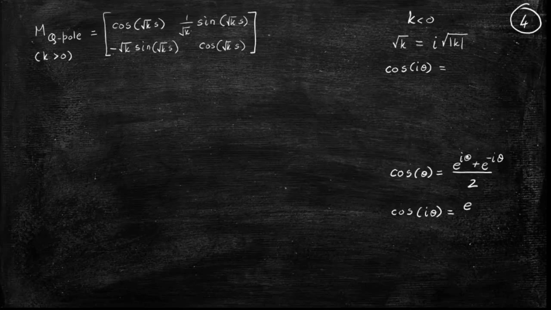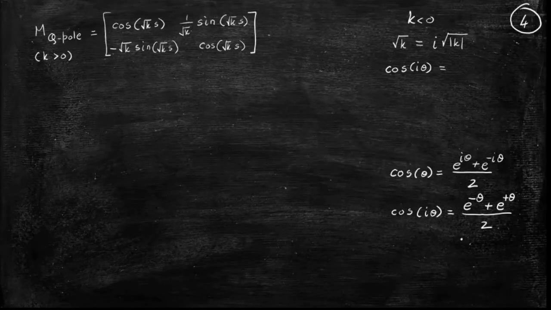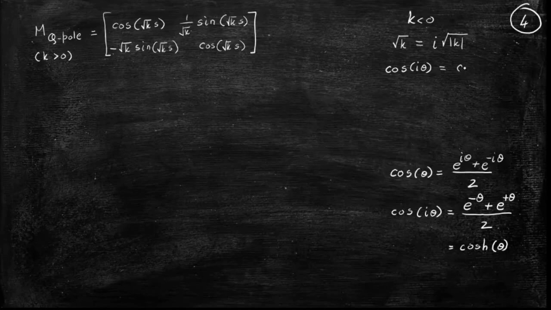It will be e to the power I times I theta, which is minus theta, plus e to the power minus I times I theta, which is e to the power plus theta, which is nothing but the hyperbolic cosine function of theta. Derivation is there, so now you can be convinced. Is this okay?